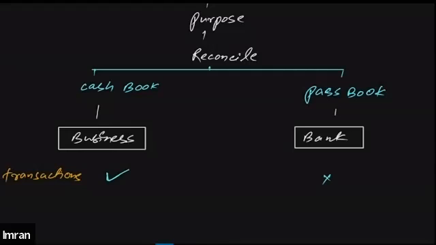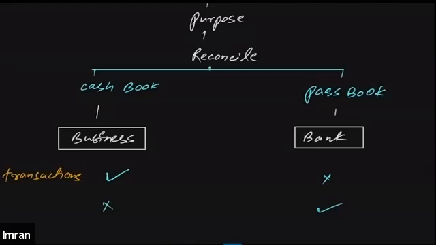Or it may also happen vice versa, that certain transactions are recorded by the accountant of the bank, which is, basically, recorded in the passbook, but we forgot to record that in the cash book. Since transactions are not being recorded in both books, at the end of the month, when you track the balance of the cash book and the passbook, you will find that there are differences arising.